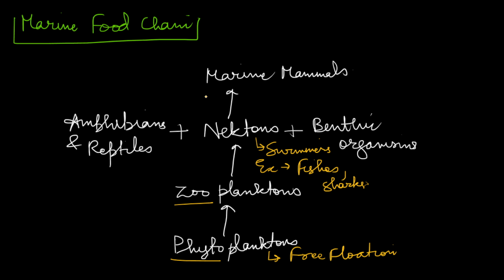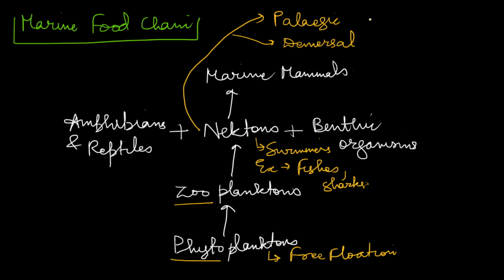Now I must describe nectons a little more. There are two kinds of swimmers. First one is pelagic, and next one is demersal. Pelagic means shallow swimmers that swim in shallow waters.